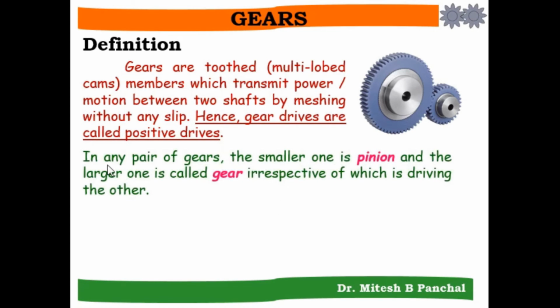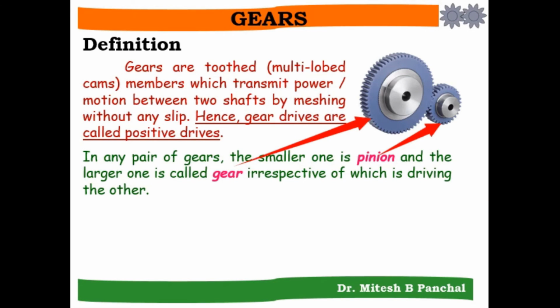In any pair of gears, the smaller one is called the pinion. So in this particular figure, this one is the pinion and the larger one is called the gear, irrespective of which is driving and which one is driven.